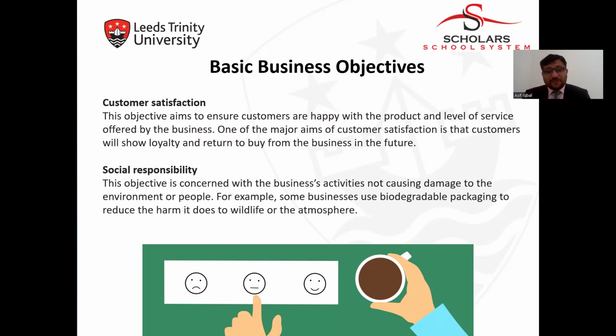For example, some businesses use packaging that can reduce the harm to wildlife or the atmosphere. So every business is very concerned that their activities are not going to harm people. The air should be clean as well, and it should not harm the wildlife.